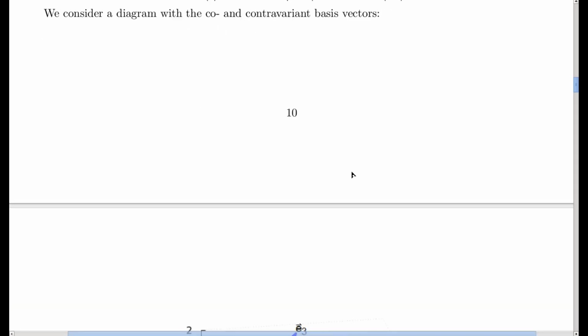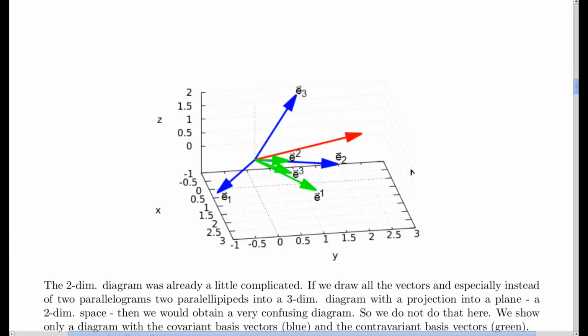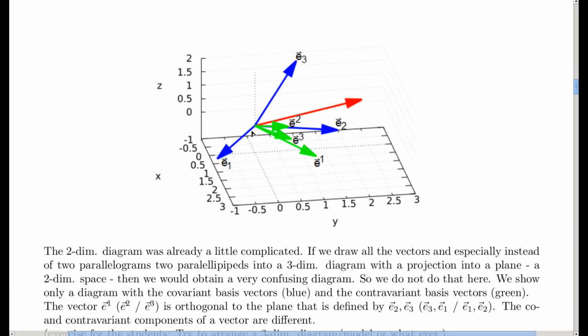We consider this in a diagram. Here we are. The blue vectors are the covariant basis vectors, and the green ones are the contravariant basis vectors.